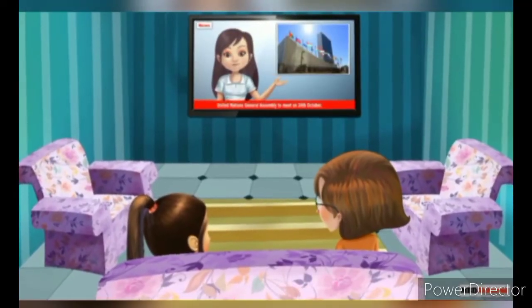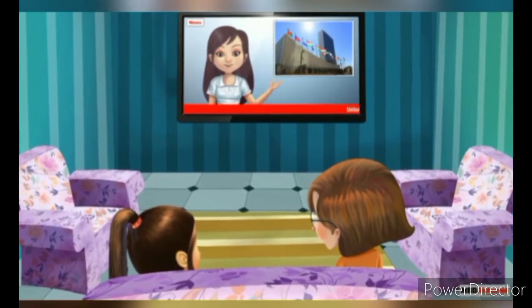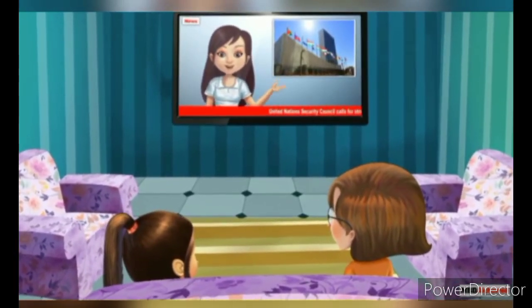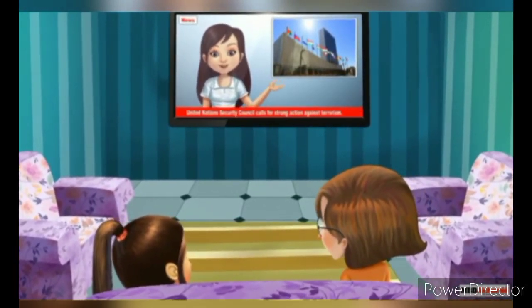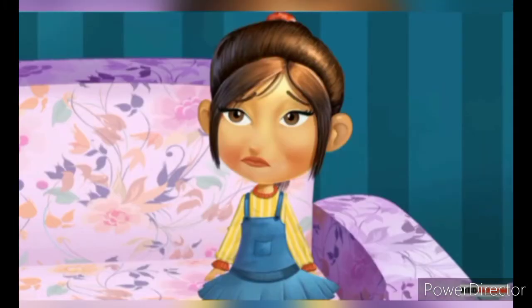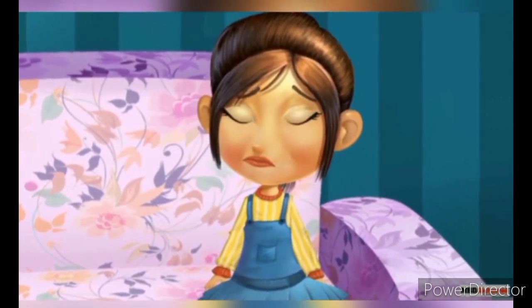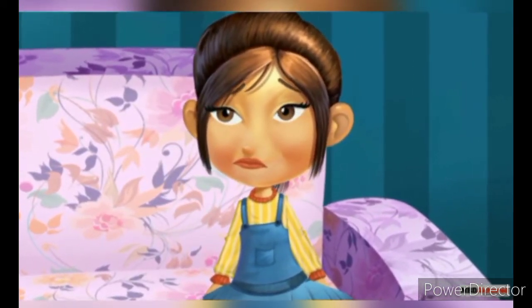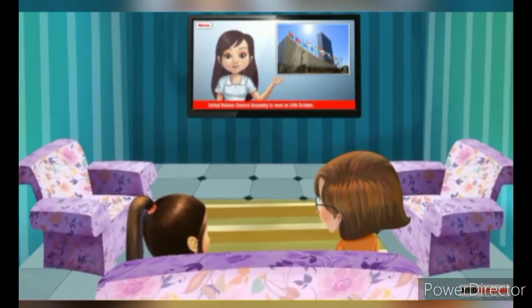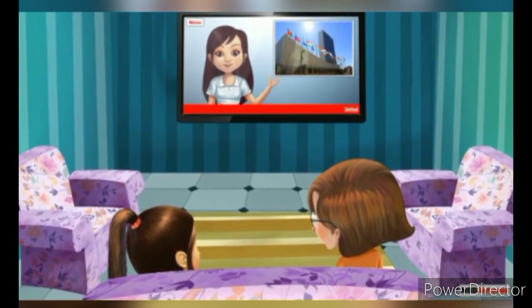The news anchor is using the terms the United Nations General Assembly and the Security Council more often. Alicia is puzzled because she is not familiar with these terms. Let's see what she learns about these terms from her mom.